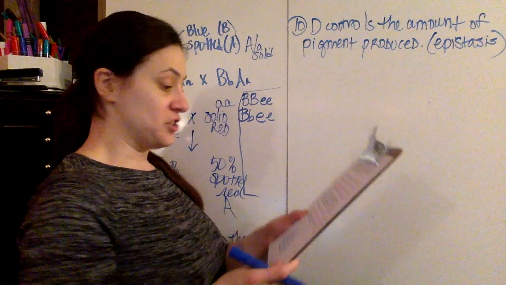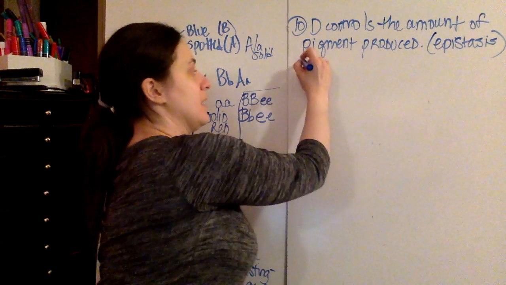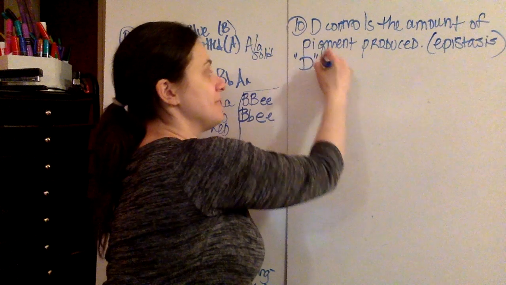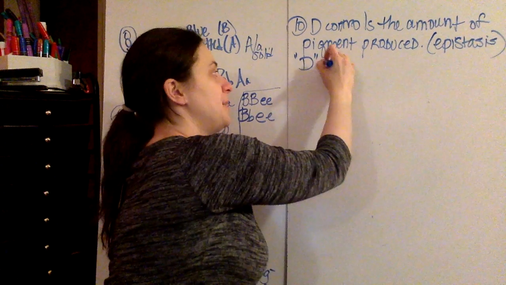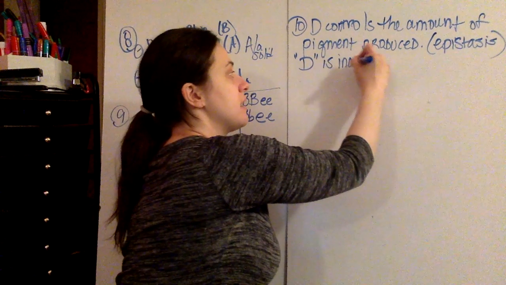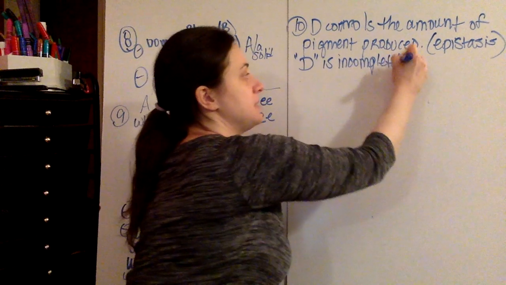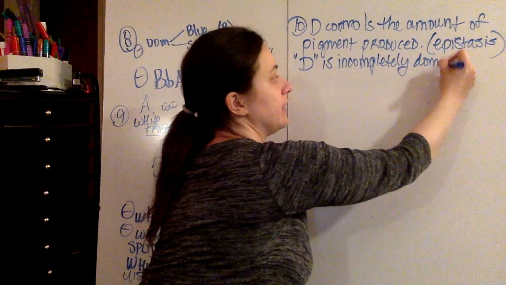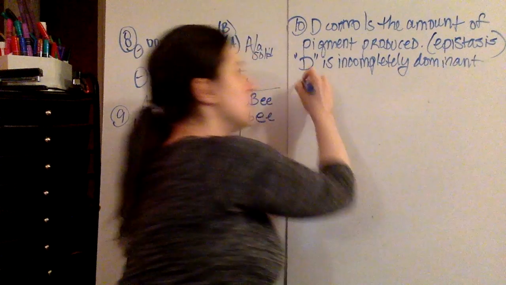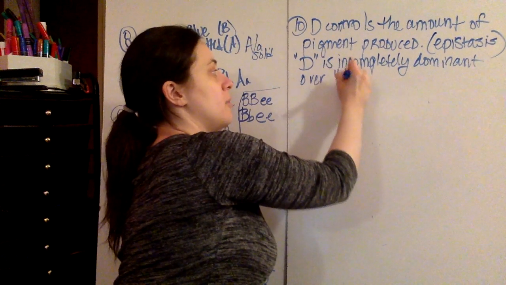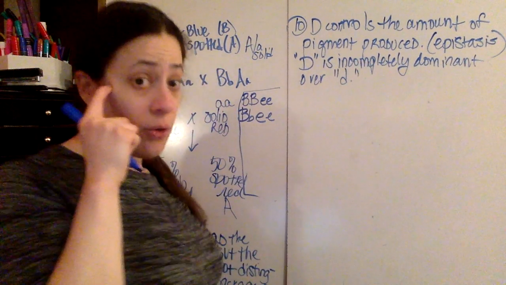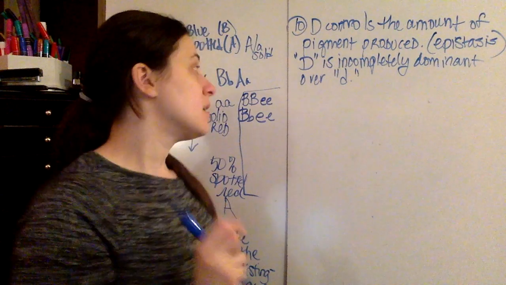And additionally, this is the other thing: capital D is incompletely dominant over lowercase d. So what do we mean by that?